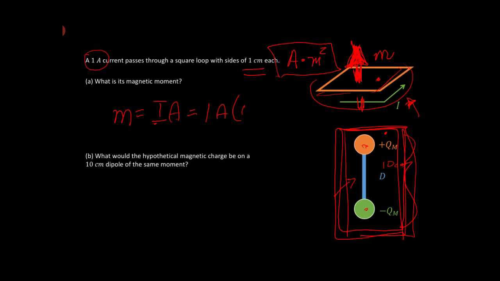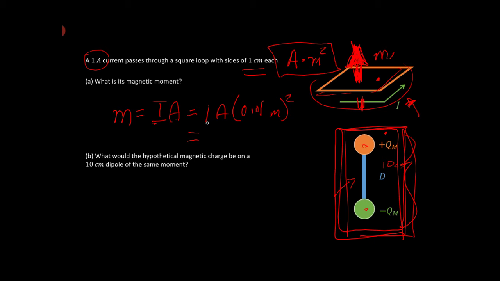centimeter by 1 centimeter, so that's 0.01 meters squared. Oh, it's 1 centimeter, 0.01, excuse me. All right.